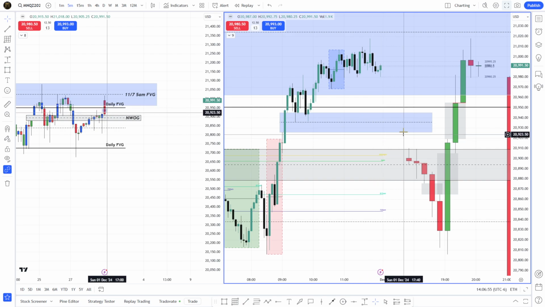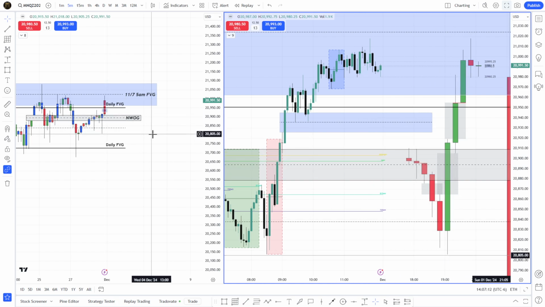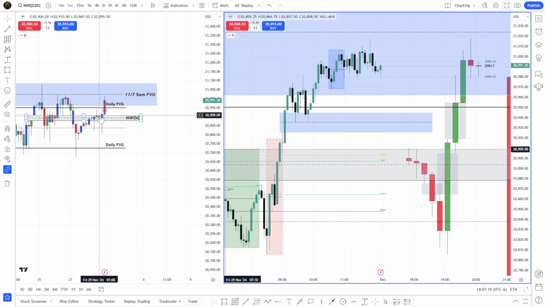This is where I'd be looking for some sort of retracement at some point for Sunday, Monday. That also fits in here with a 1-hour fair value gap. New week opening gap fits in here with 1-hour order block. And then we also get that as well in here.